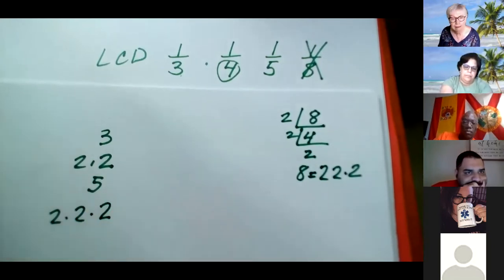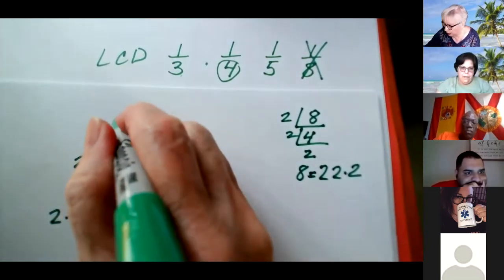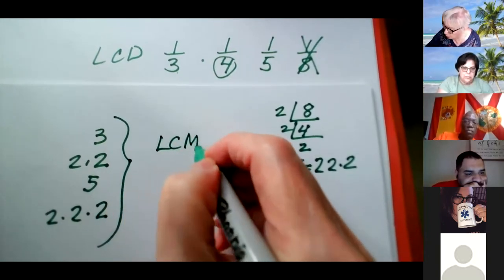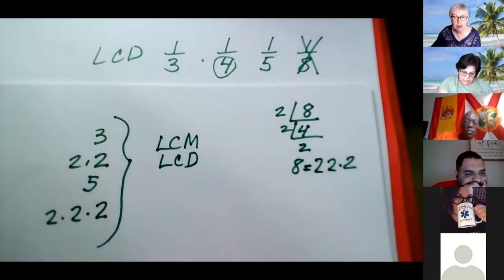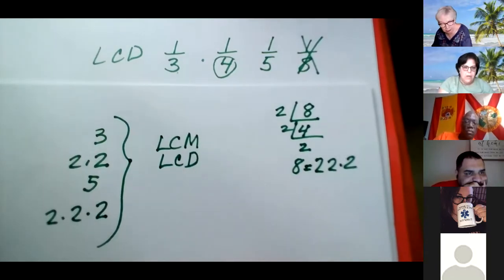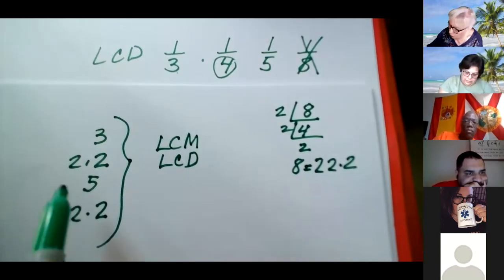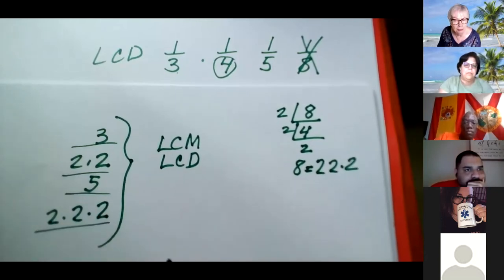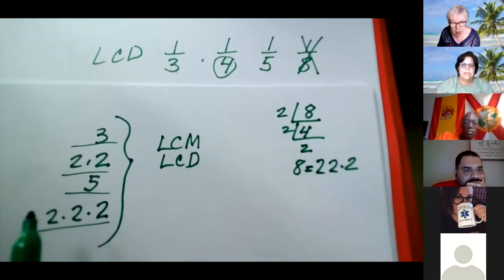Okay? So if I had to do the least common multiple, which is also the lowest common denominator, or whatever you want to call it, I would look at these four numbers, and I like to stack them so I can see them like that. Which number has the most twos? 8. This one.